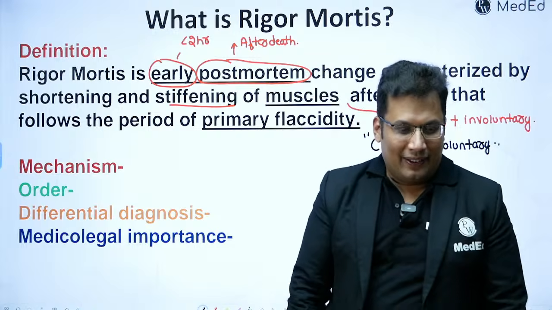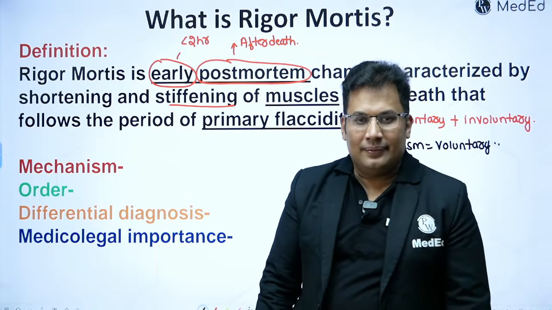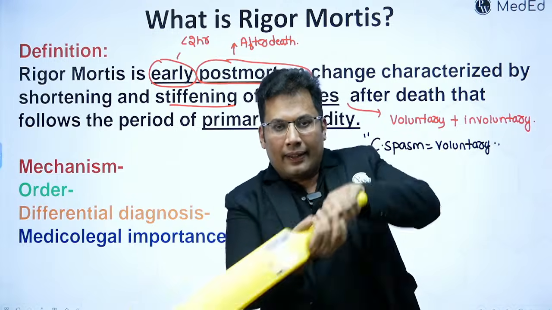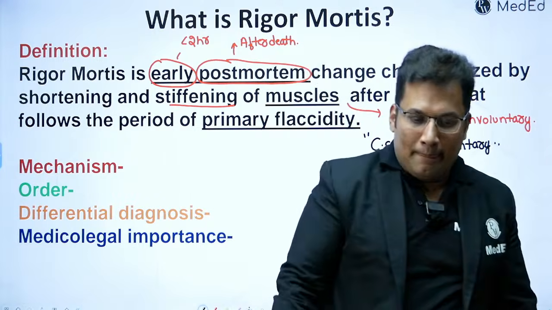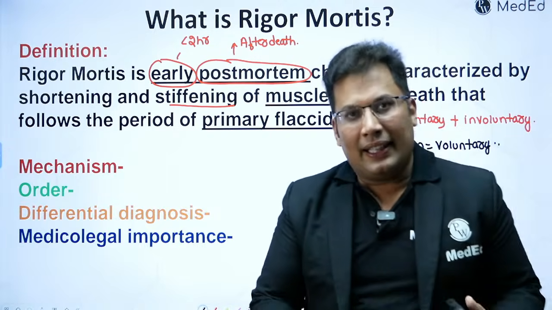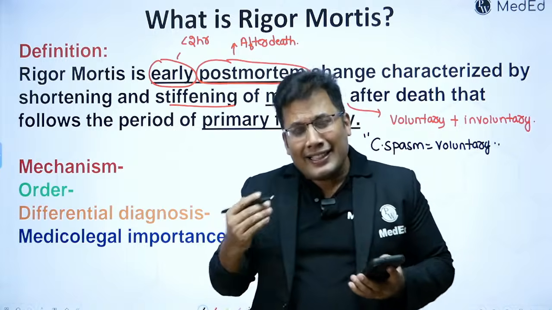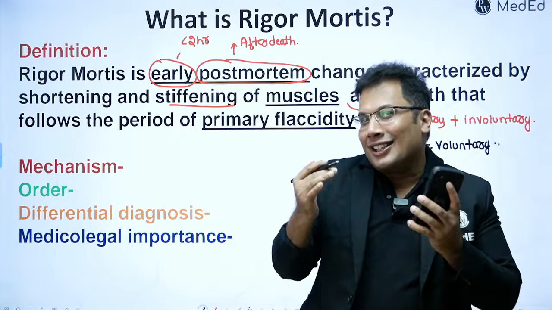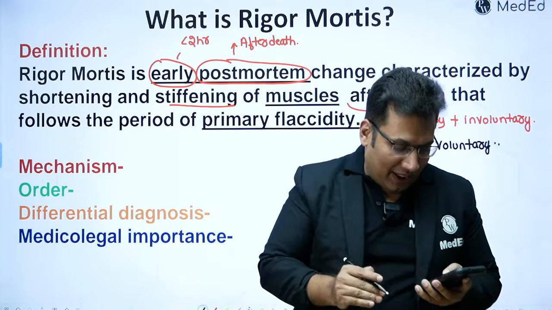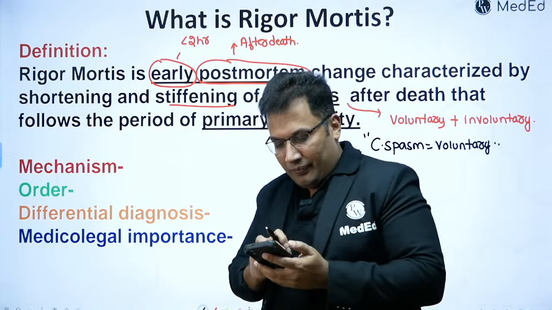Come on guys, try. So it is cadaveric spasm. Cadaveric spasm always occurs in voluntary muscle. It is usually antemortem and it shows the manner of death. Very important funda.